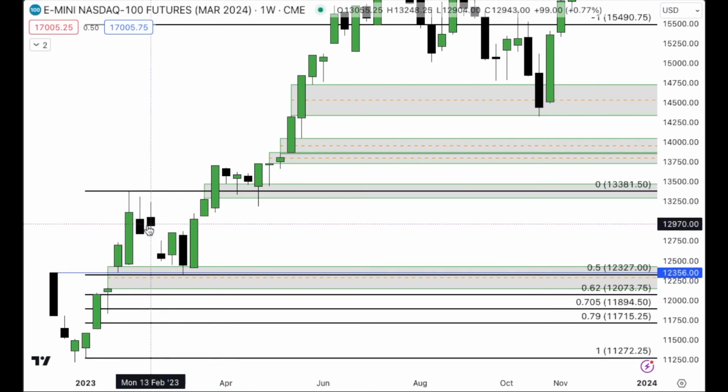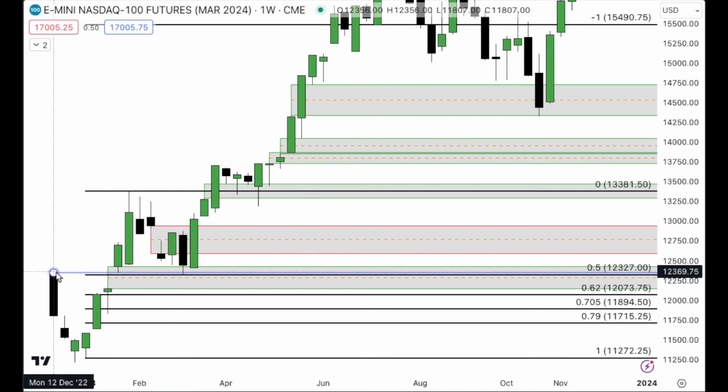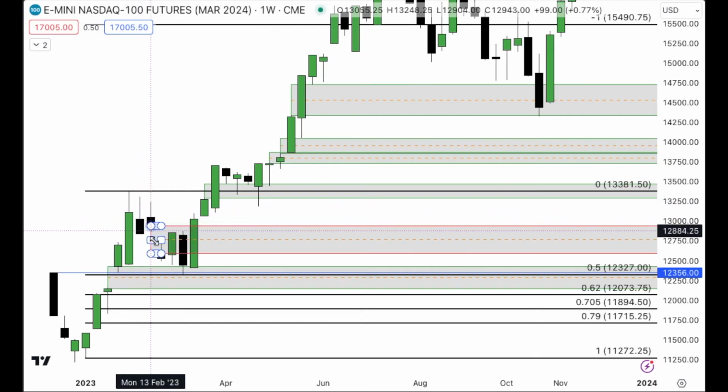So why would I not look to short that bearish imbalance right here? The reason why I'm not looking to short this is because we're in a bullish price range, okay? We took out this high here with that price run. So if that's the case and we get that imbalance candle down, all that's showing me is that we're probably going to go down into discount, which we do here right at 50%.